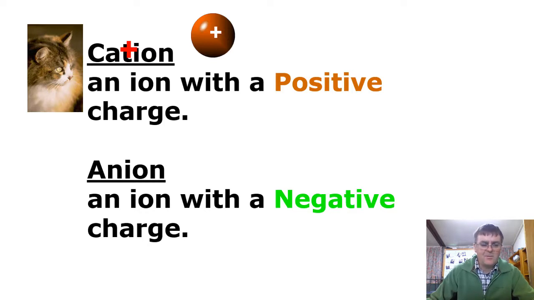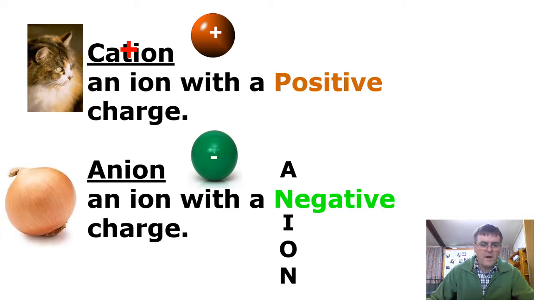Anions are negative. Okay, they have a negative charge. So anion, negative. It's got the N in it for negative, or some people call it the onion ion. And if you bite into an onion, it's a pretty negative experience. So that's how we remember cations and anions, positives and negatives.